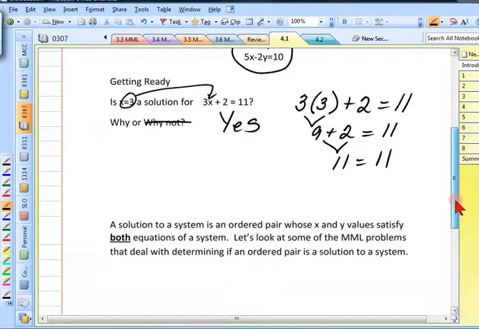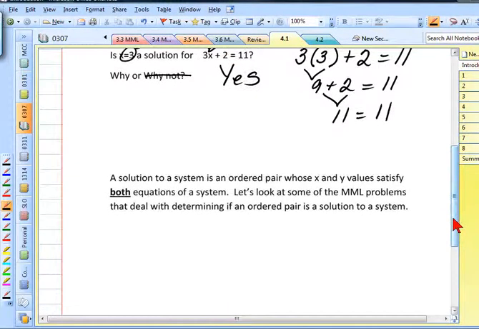Okay? Now, I have to make this a little bit smaller on the screen. A solution to a system is an ordered pair whose x and y values satisfy both equations of the system.